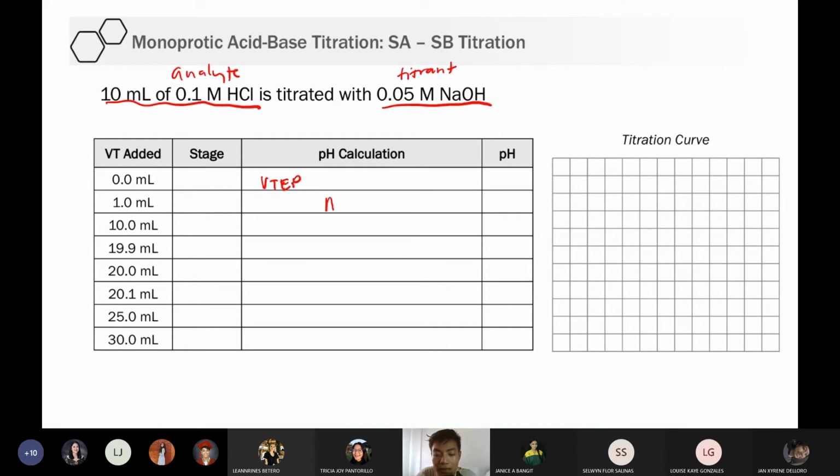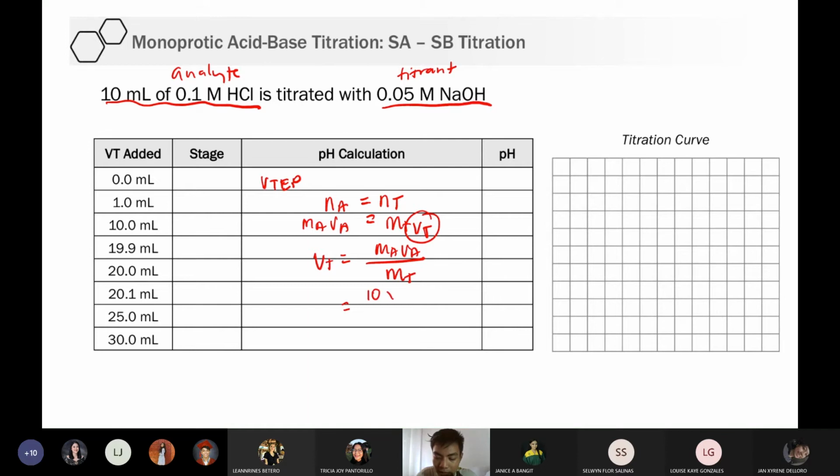So we know at equivalence point, mole of analyte is equal to mole of titrant. Expressing that into molarity and volume, we get MA times VA equals MT times VT. So we solve for VT is equal to MA times VA divided by MT. Plug in.